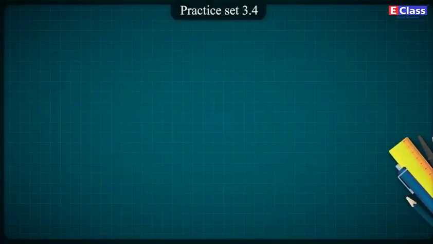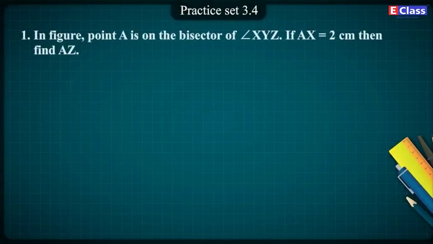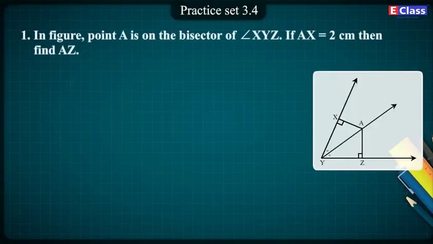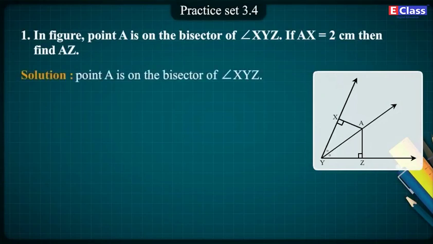Practice set 3.4. Question number 1. In figure, point A is on the bisector of angle XYZ. If AX is equal to 2 cm, then find AZ. Solution: point A is on the bisector of angle XYZ.